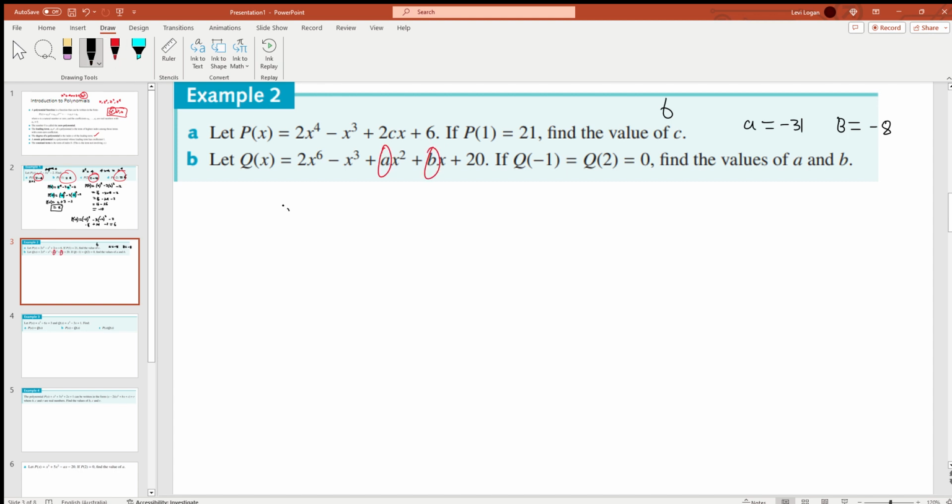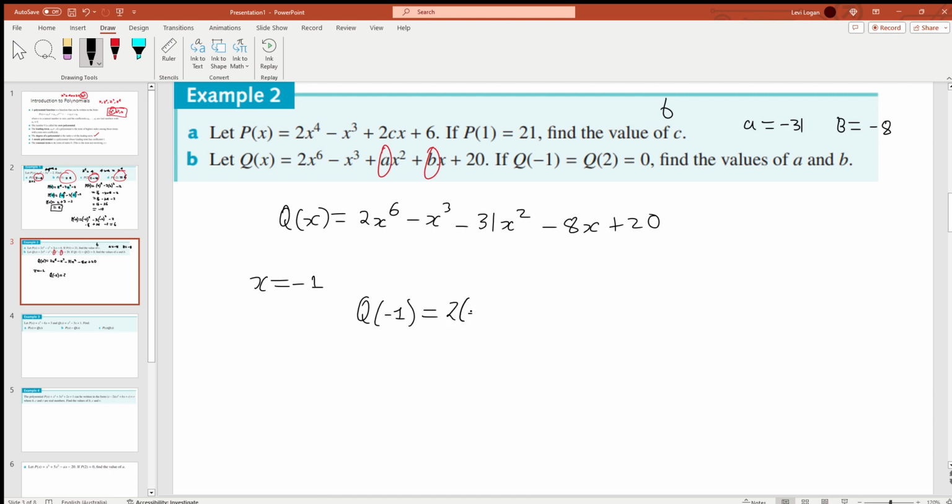So our actual polynomial, q of x, is 2x to the power of 6 minus x to the power of 3 minus 31x squared minus 8x plus 20. So if I substitute x equals negative 1, I should get 0. So q of negative 1 gives me 2 times negative 1 to the power of 6, minus negative 1 to the power of 3, minus 31 times negative 1 to the power of 2, minus 8 times negative 1, plus 20.